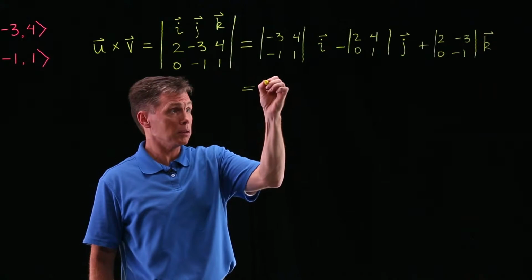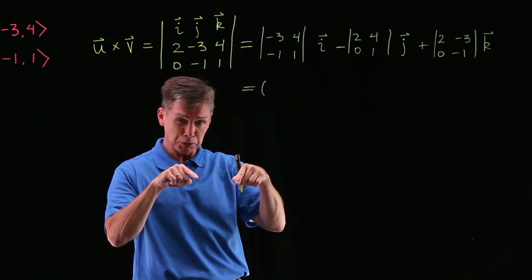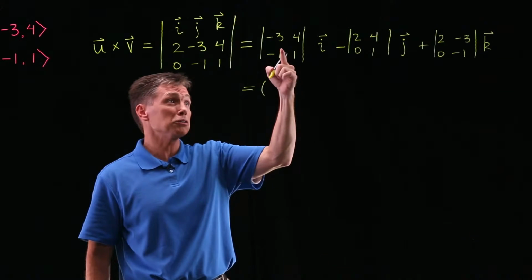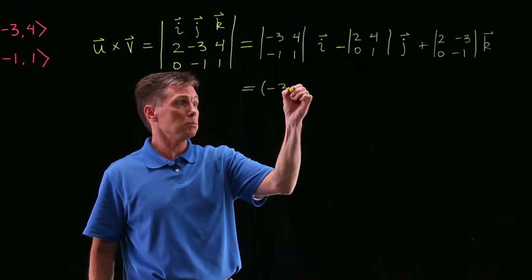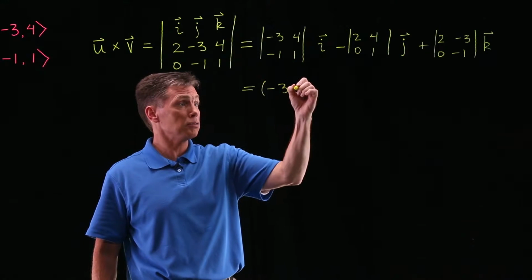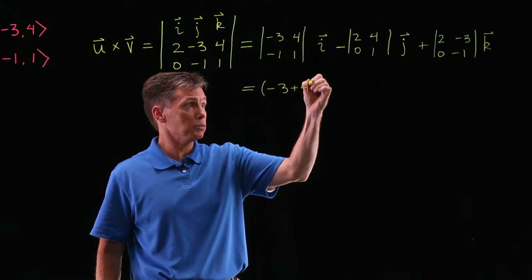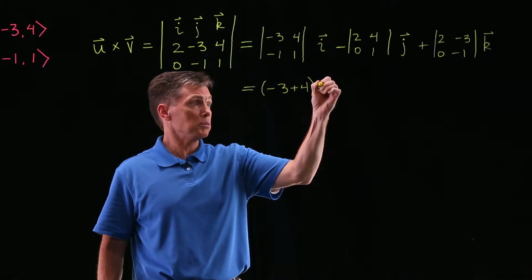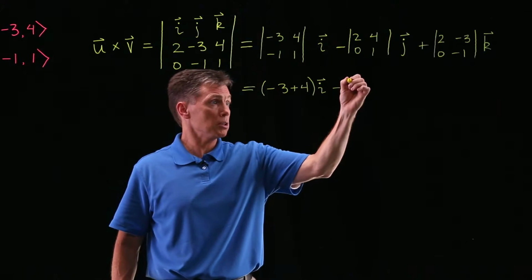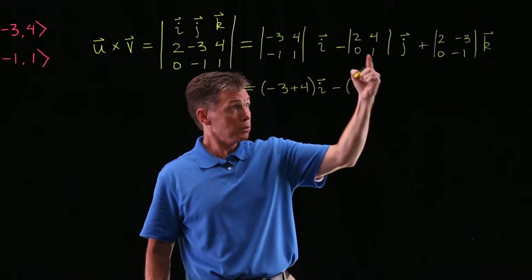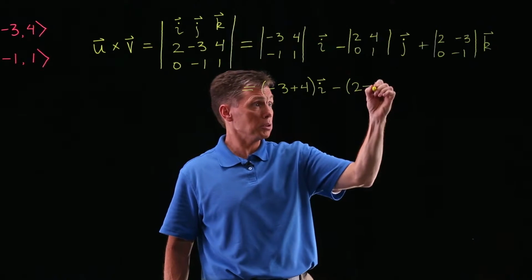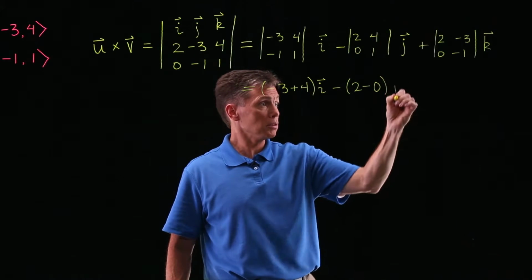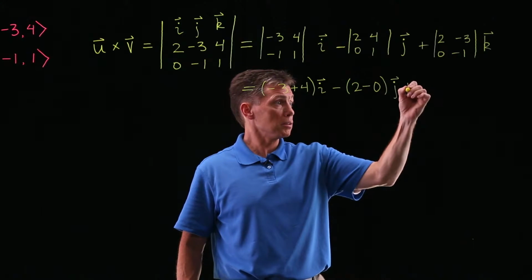Now down below, I'll do my cross multiplying, the crisscross pattern. So minus 3 times 1, subtract negative 4, so we'll say plus 4, times the i vector. Subtract, 2 times 1 is 2, subtract 4 times 0, which is 0, times the j vector.